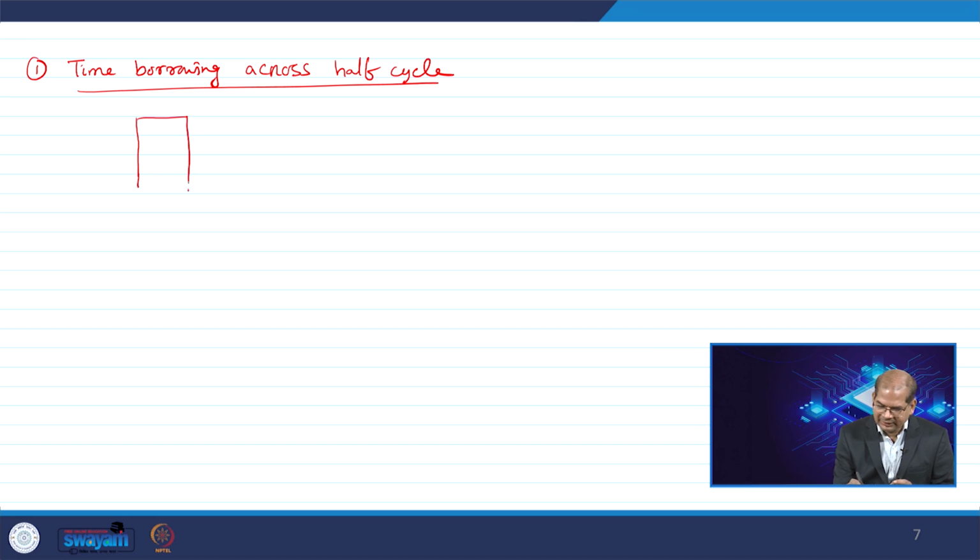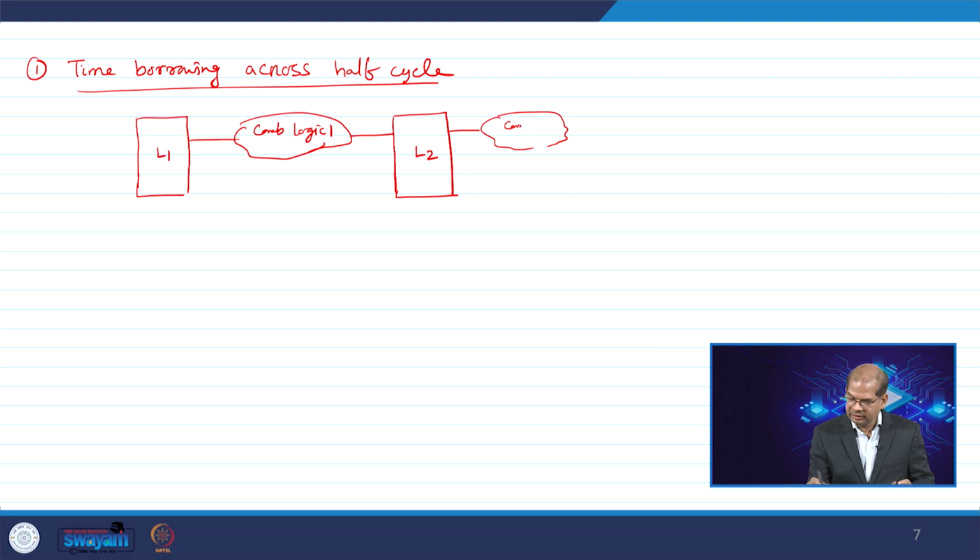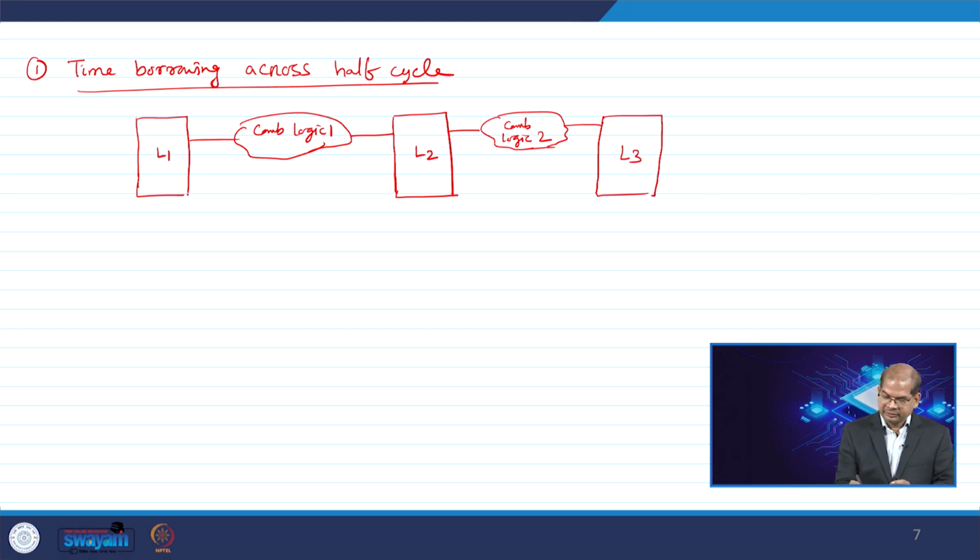Let us say this is your latch 1, then I have combinational logic 1, then I have latch 2, then I have combinational logic 2, then I have latch 3. This is given phi 1, this is given phi 2 and this is given phi 1.